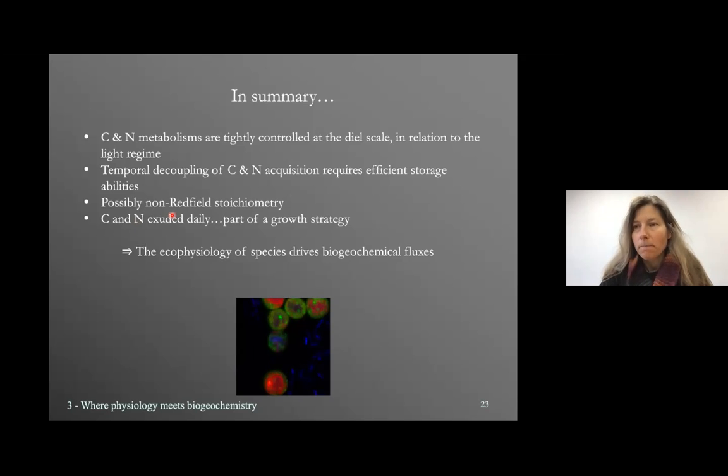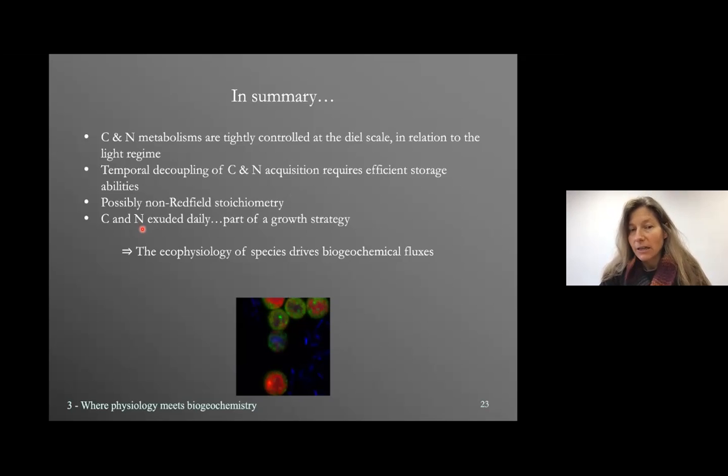And because those organisms must acquire a lot of carbon, they still exude a significant amount of carbon, and they also exude a significant amount of nitrogen. This can be, as I said, counterintuitive, but in the end, that's actually the strategy that they took: fix as much as I can, store whatever I can, and what I can't, well, I'm going to spit it out.